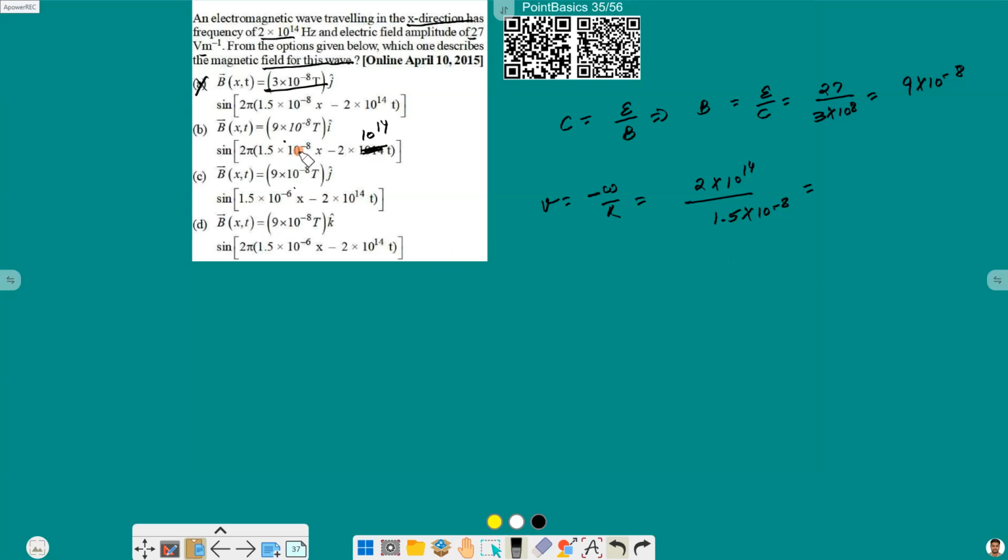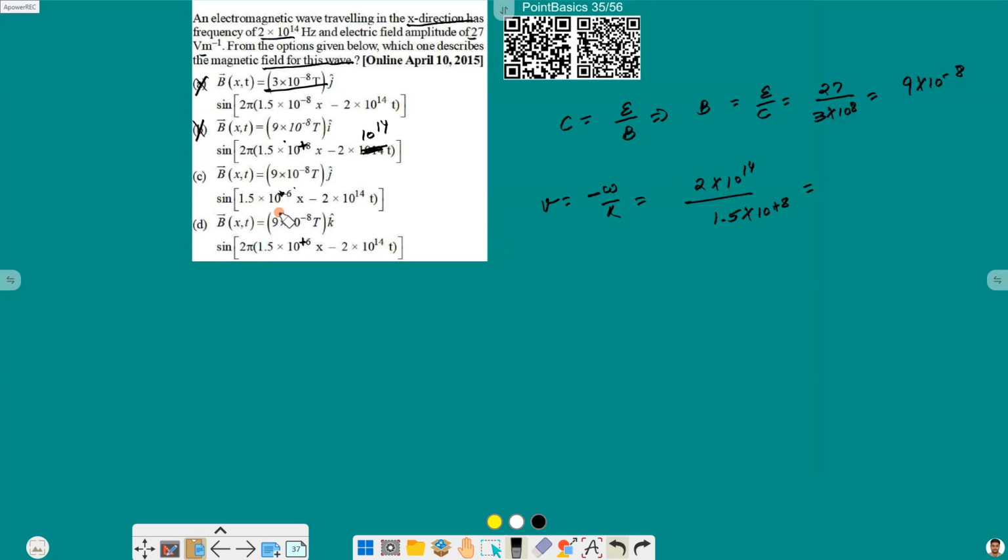This has to be positive. It cannot be negative, because if it is negative then the velocity is going beyond c, which cannot be possible. So it should be positive in all the options. Now assuming it is positive, the wave velocity does not come out to be 3 into 10 raised to power 8. So option B is rejected.